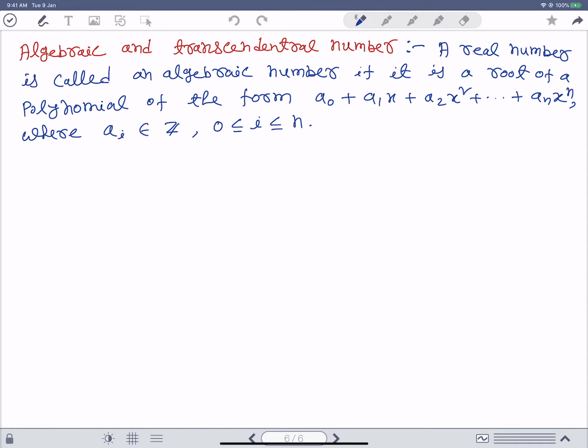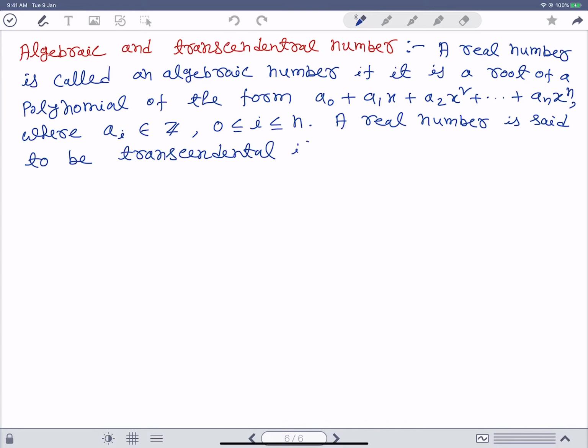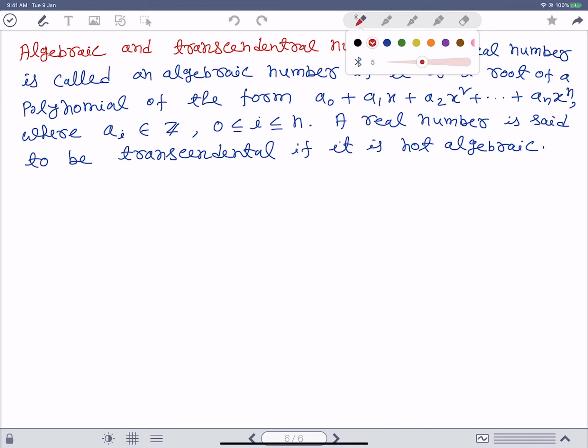Now what is a transcendental number? If a real number is not algebraic, then it is called a transcendental number. That means a real number is said to be transcendental if it is not algebraic. Now we have one interesting result.